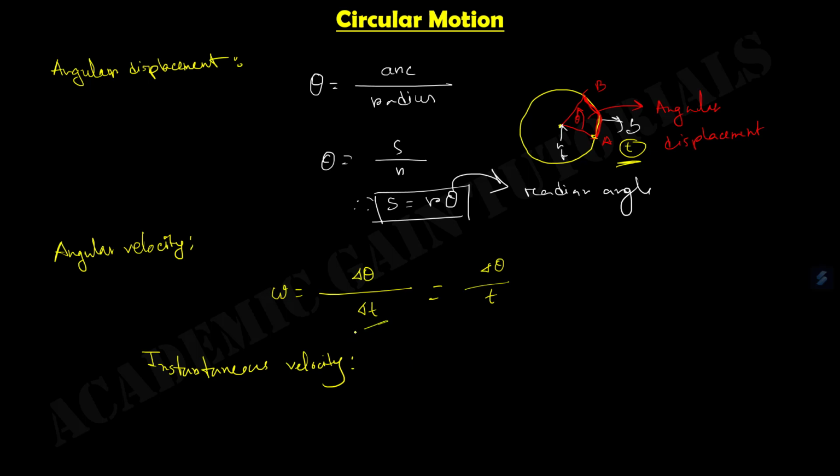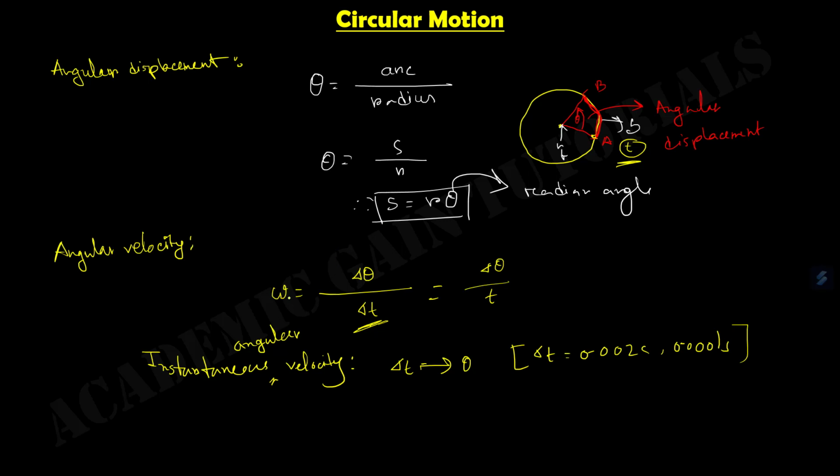That means del t tends to 0. It means the value of del t will be like 0.002 second or like 0.001 second. So when the time tends to 0, then that velocity will be known as instantaneous angular velocity.